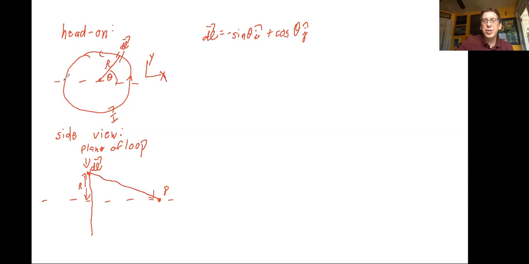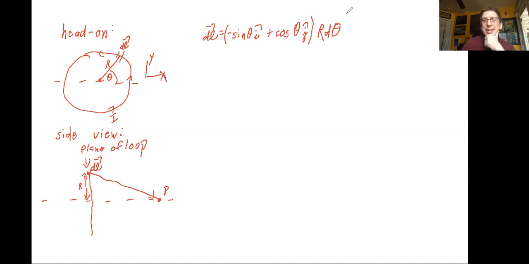And so if we're at 180 degrees, it's pointing straight down. So the sine of 180 degrees is 0. The cosine of 180 degrees is negative 1. So you're pointing straight down. But you're still multiplying these terms by the magnitude of the vector. Now, dL is basically an arc, a length of arc on the circle. So the magnitude is going to be capital R, the radius of the circle, multiplied by d theta.